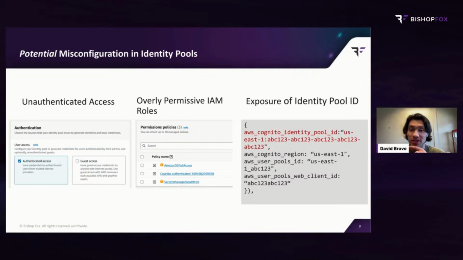Depending on the permissions assigned to that role, it could have an extremely limited effect, or it could be pretty intense or pretty severe. So yeah, they call it guest access.